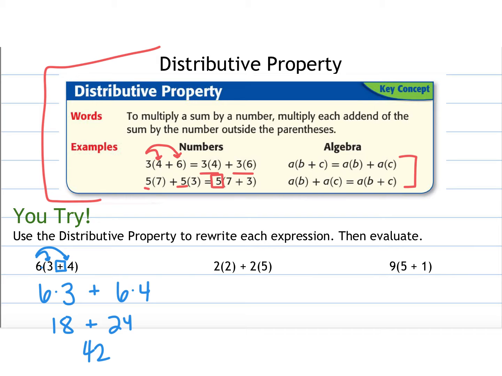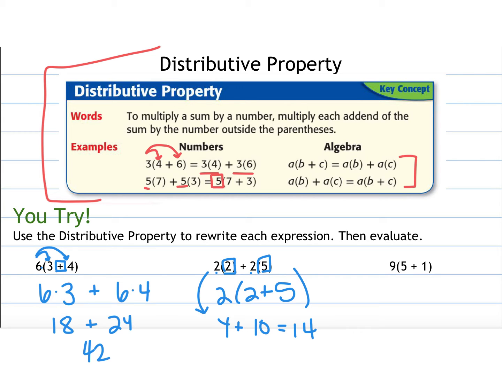This one, they already distributed it for us, but we could rewrite it the other way, going backwards. Since 2 is being multiplied by both of our numbers, that would go outside of our parentheses. And then inside our parentheses is the numbers that they're being multiplied by, the 2 and the 5. If we were to solve this here, 2 times 2 is 4, and 2 times 5 is 10, and that equals 14.